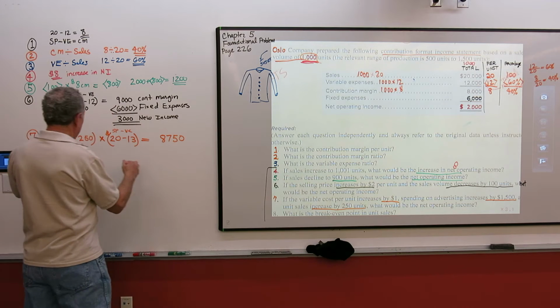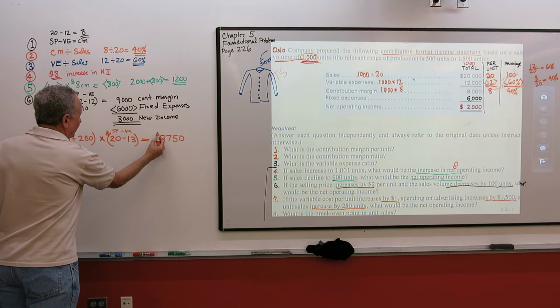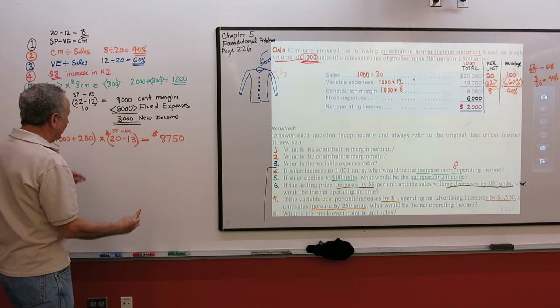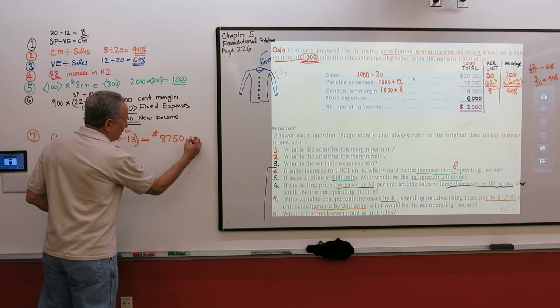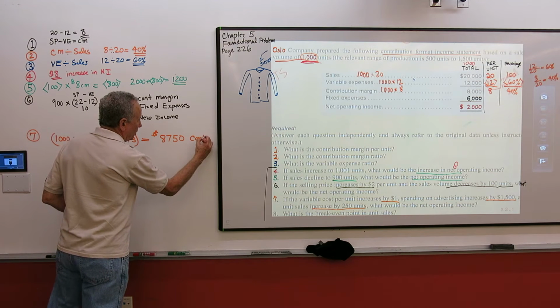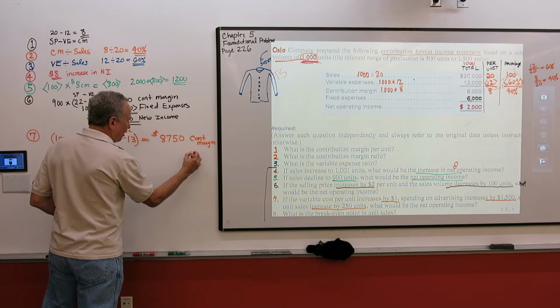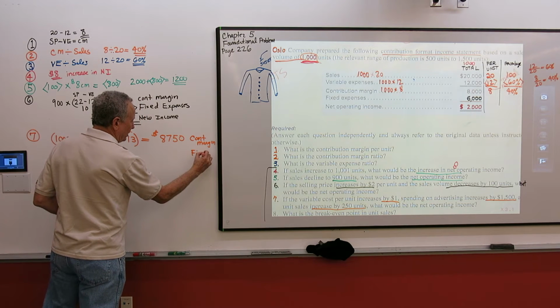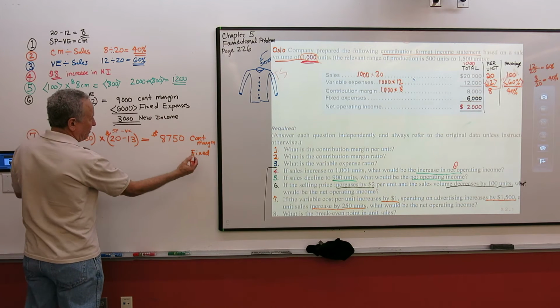Is that right? 7 times 1,250. Yeah, I think that's $8,750. So we will have sales of $8,750. Now, that's not sales, that's actually contribution margin. Now let's take out our fixed expenses. We need to get the fixed expenses out. Again, I can write that right here, or I can put it just like I did, fixed expenses.